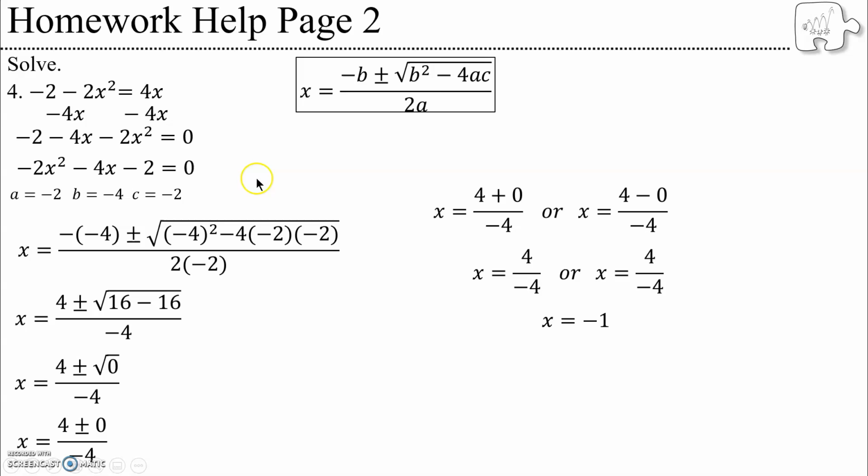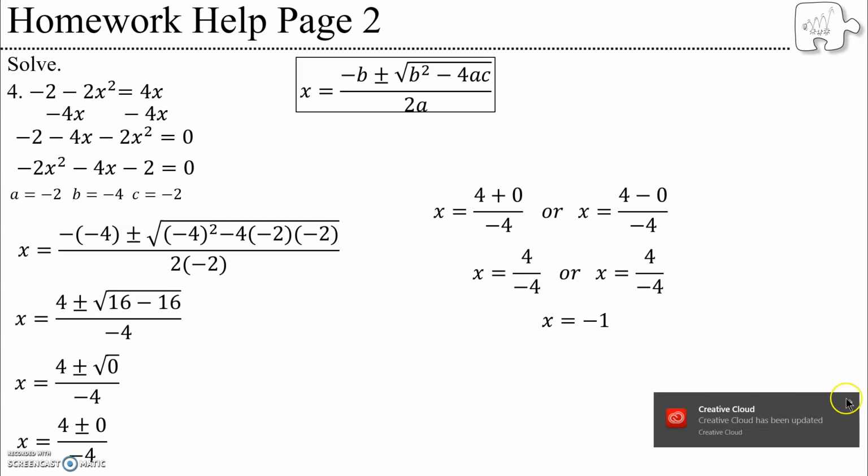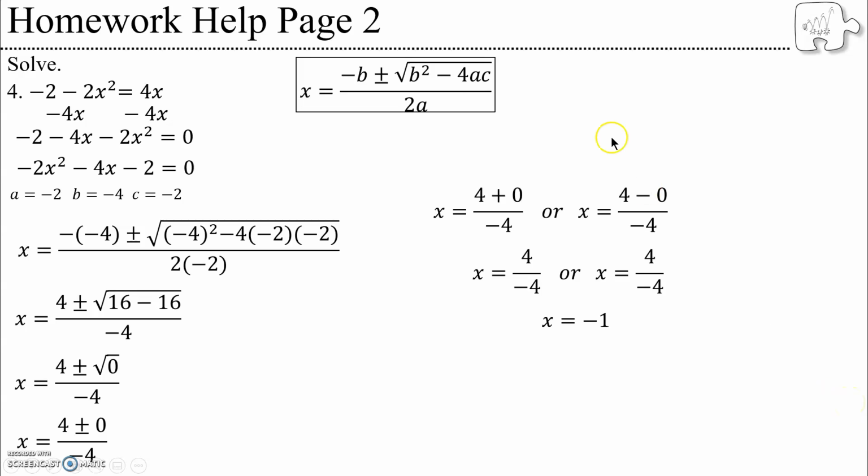This square root part of the equation is very important, and it's called the discriminant. Based off the discriminant, we can tell whether we have one answer, 2 answers, or no answers.